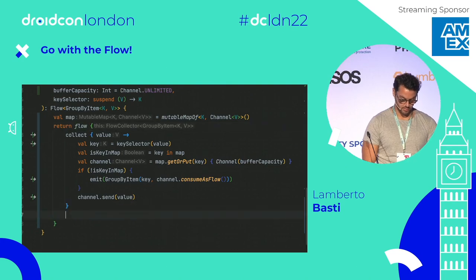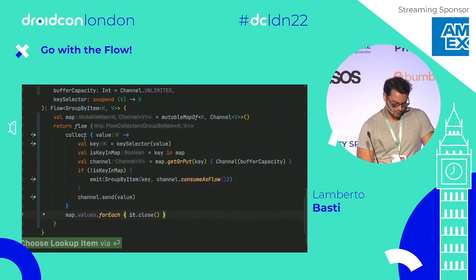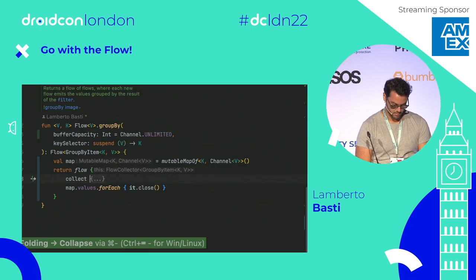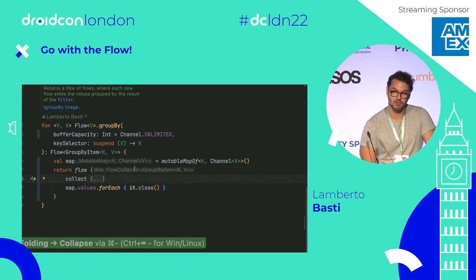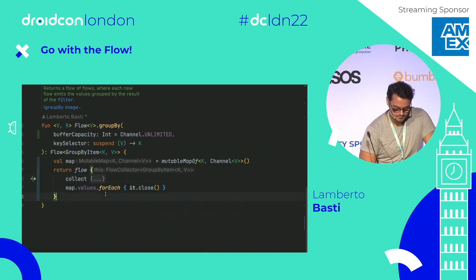But before doing that, we would like to take the map values, and for each, call close. Now, when we finish collecting stuff here, before closing the downstream flow, we will close also the generated flows.